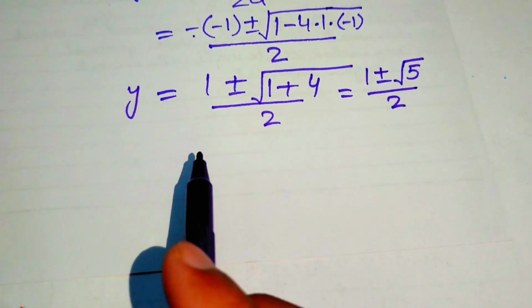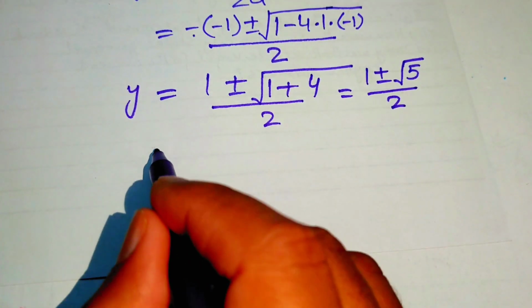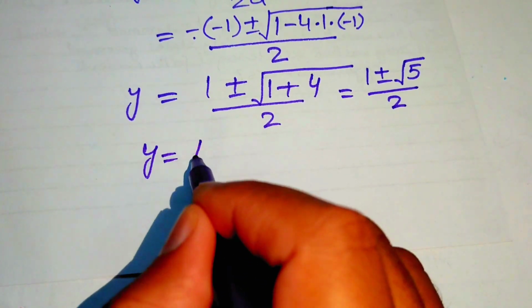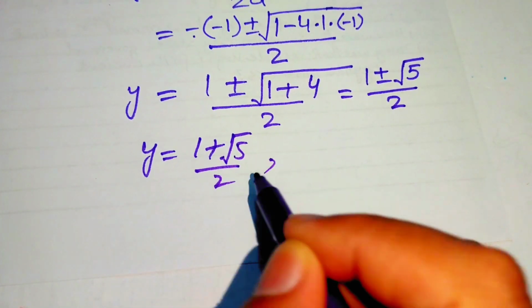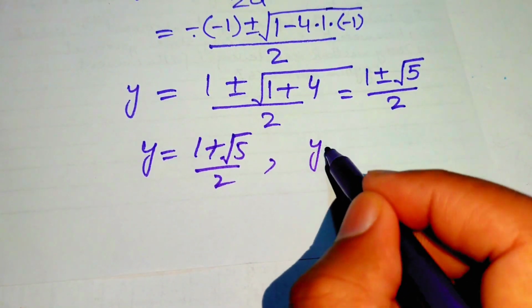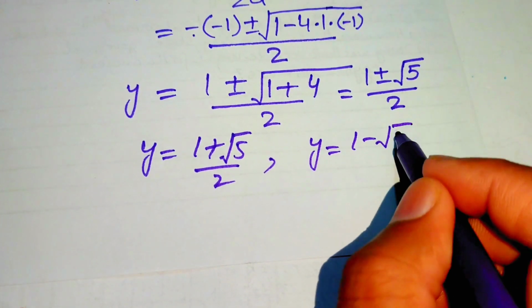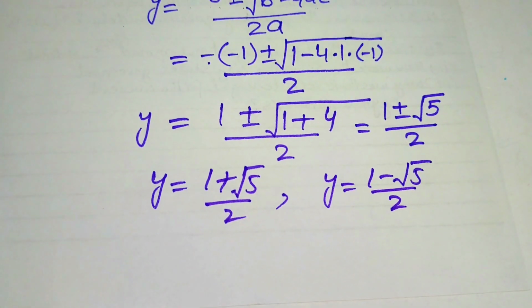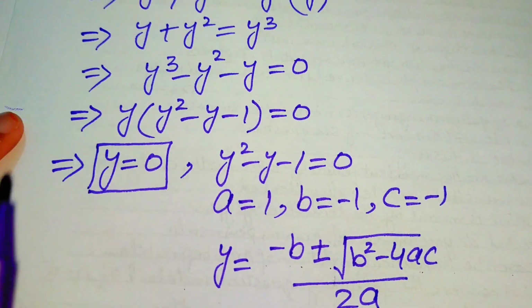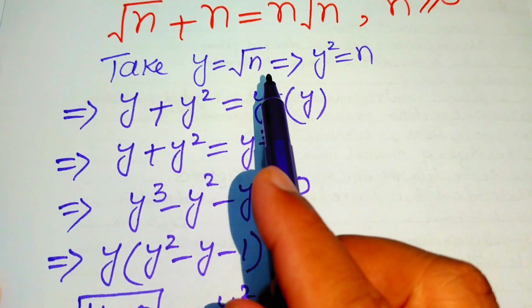So here we make two cases. First we write the positive value, 1 plus square root of 5 divided by 2, and now the negative value, which is 1 minus square root of 5 divided by 2. So here we have the other two values of y, and now we back substitute the values of y, where y equals to square root of n.